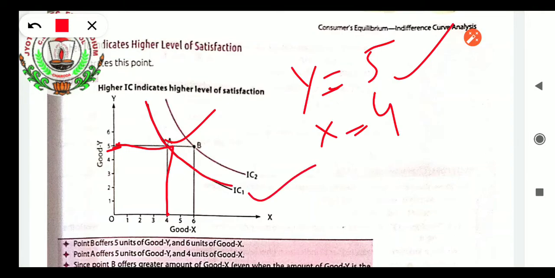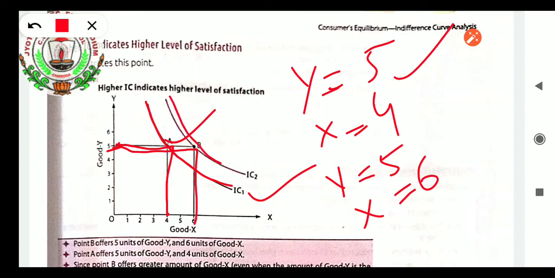Now the second curve, where the demand has changed. Y stays at 5, with no sacrifice, but the X units have increased from 4 to 6. Maybe income has increased and the consumer wants more of commodity X instead of Y, because with Y they already reach maximum satisfaction at 5 units, which was more than 4. So now they will prefer Y to be stable and X to be 2 units more. In that case 5 and 6.